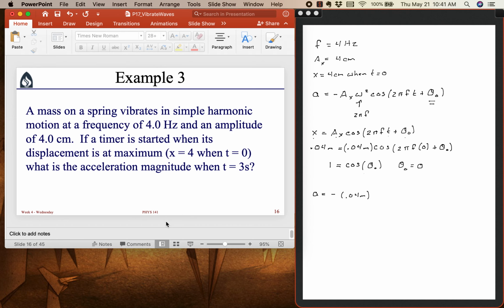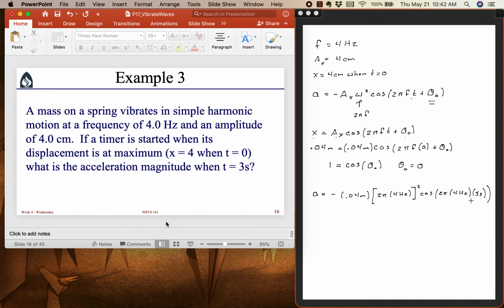And then omega is 2 pi times the frequency, which is 4 hertz. Now, 4 hertz can also be written as 4 times 1 over seconds, because it's cycles per second. So 2 pi times 4 hertz, and this quantity all gets squared, times the cosine of 2 pi times the frequency, which was 4 hertz, times the time, 3 seconds, and then plus theta naught, but this was equal to 0.